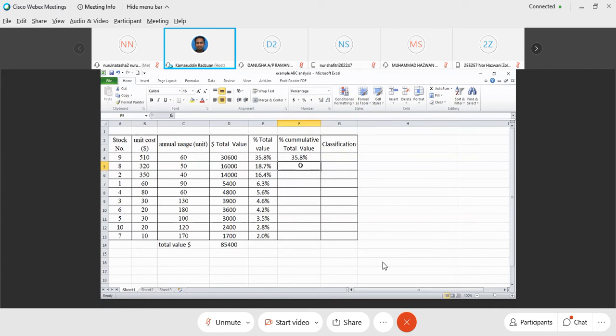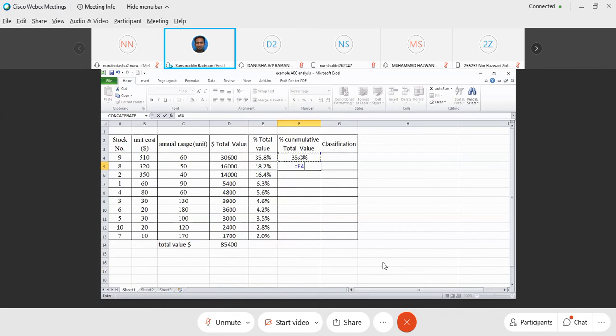For the second row, we add the percentage of total value for part number 8, which is 18.7%.